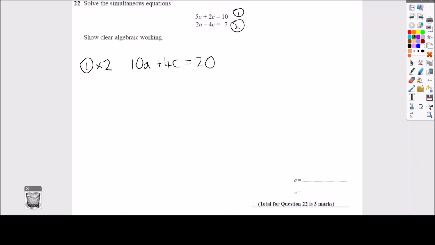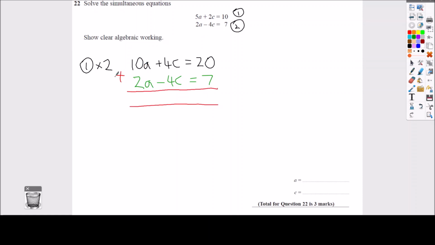Now, if we bring the second equation below it, so 2A minus 4C equals 7. Now, we're going to be able to eliminate those C's because they've now got the same numerical value of 4. However, because the signs are different, plus 4C and minus 4C, we're going to have to choose to add the two equations together.